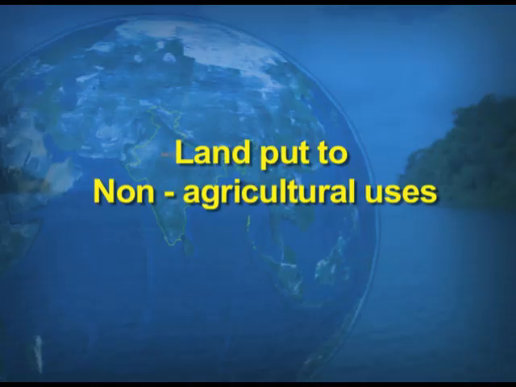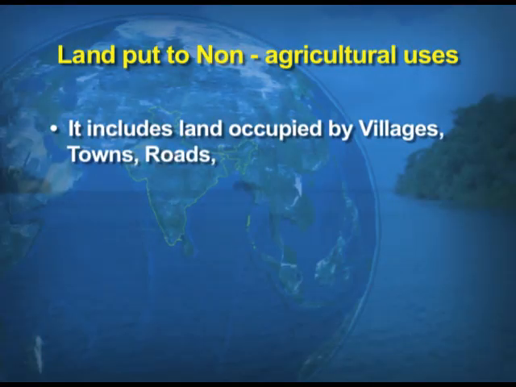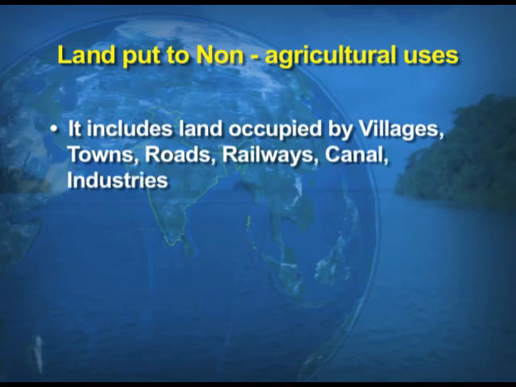Now the next land use category is land put to non-agricultural uses. So what are the non-agricultural uses, children? Besides the agricultural land where we are growing the crops, all other uses are non-agricultural uses. For example, the villages, towns, roads, railways or industries are all under non-agricultural uses.